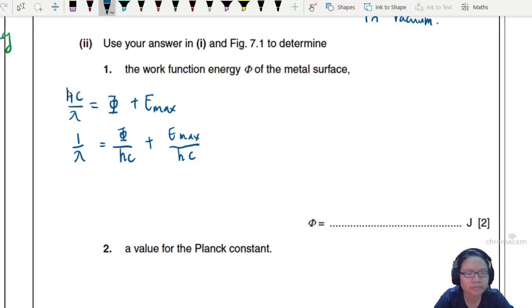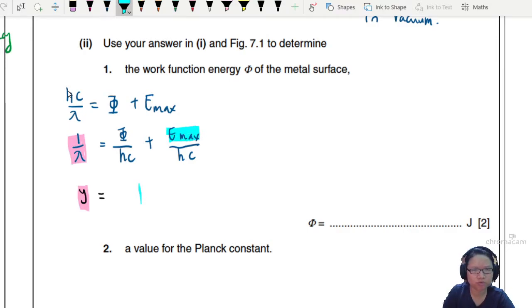Okay, we think a bit. Our graph, this one is the y-axis. So I'm just going to write down here. Okay, what's your x-axis? X-axis is Emax. I'm just going to highlight the Emax here.